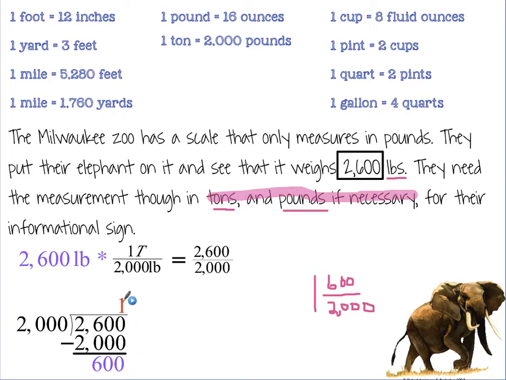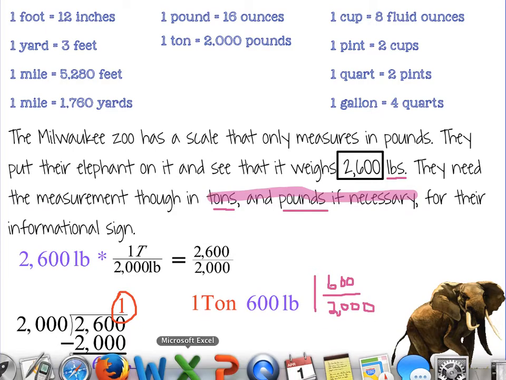This is how many tons we've created: I was able to make one group of 2,000, so I was able to make 1 ton. And this remainder, my leftover, is how many pounds I had left over, which is 600. So my answer, what they would put on their sign, would be 1 ton, 600 pounds.